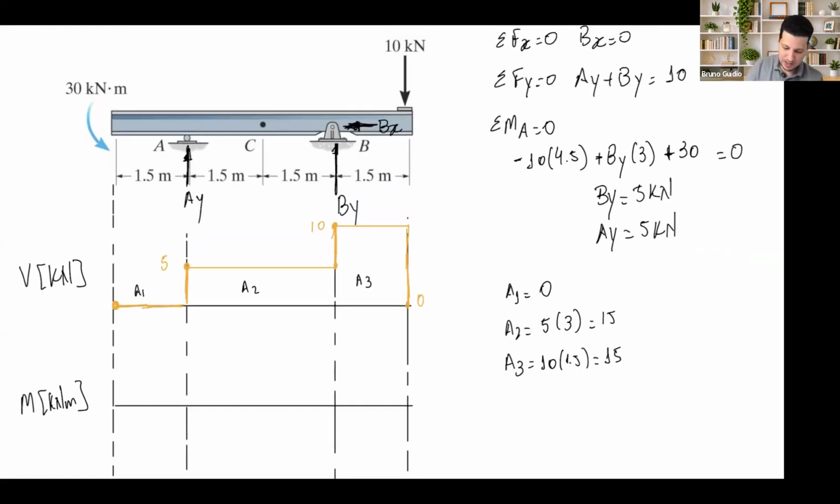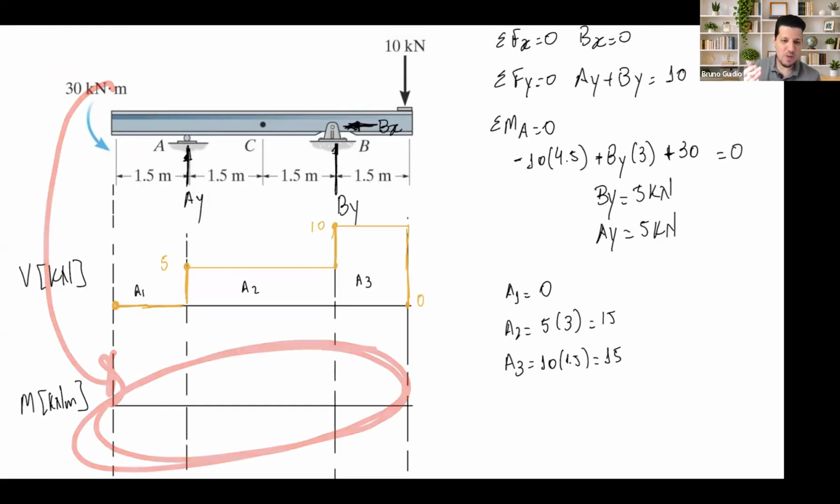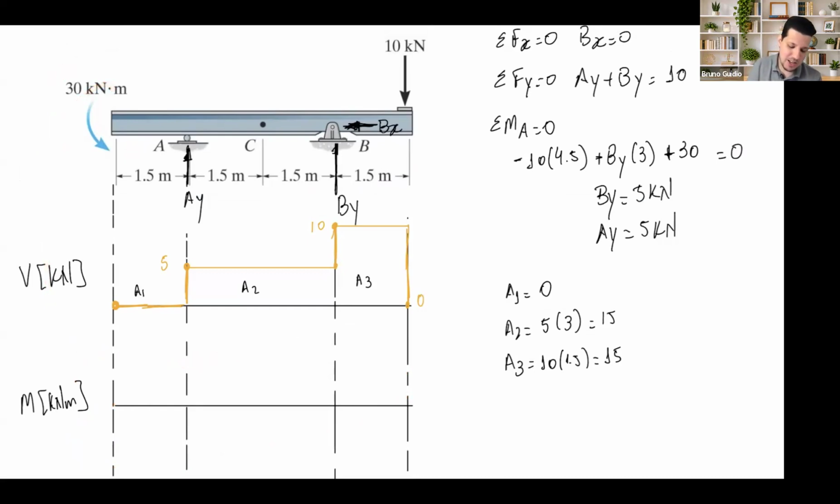Okay. Then my question is, what is this 30 kilonewton meters introducing to the moment? Is it doing anything for the moment diagram? Yes. And here comes my saying again, okay? Please do not confuse yourself. These are equilibrium equations.